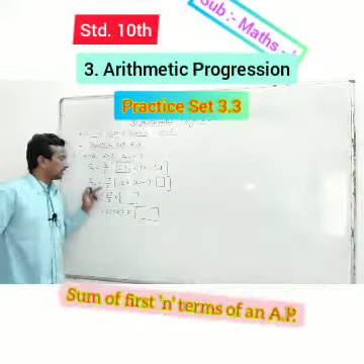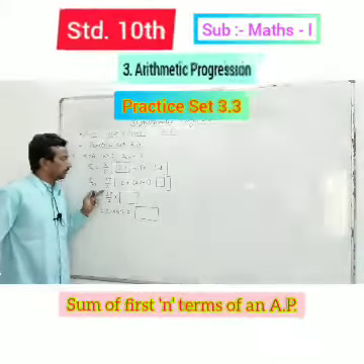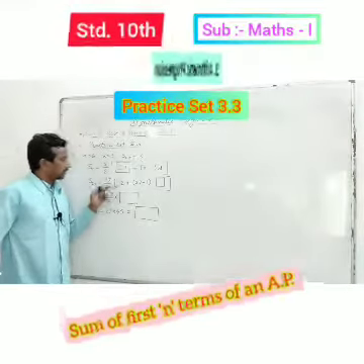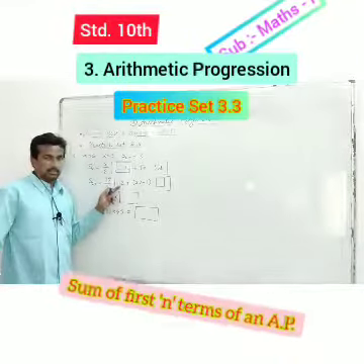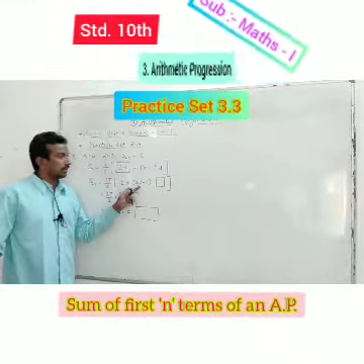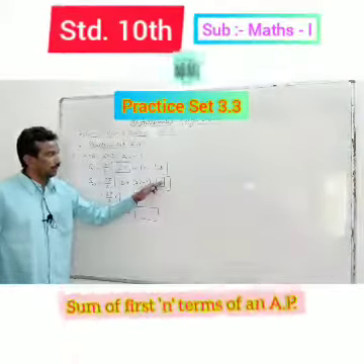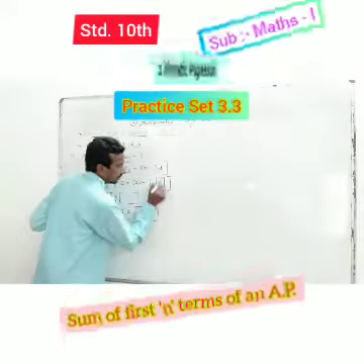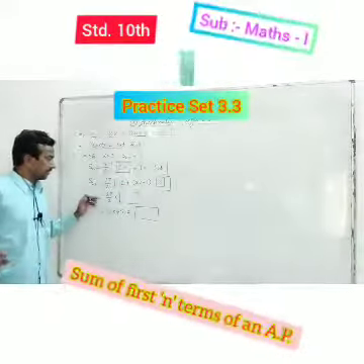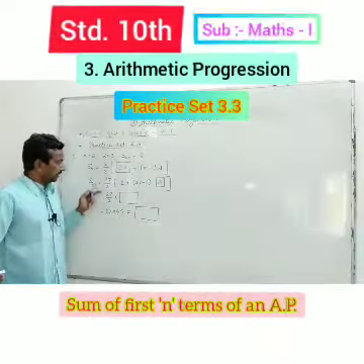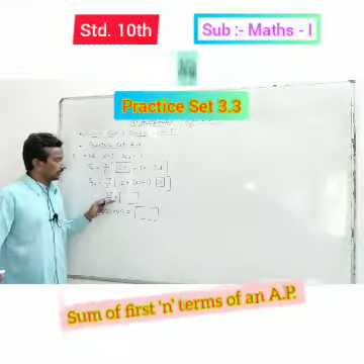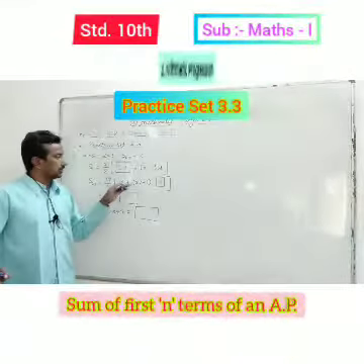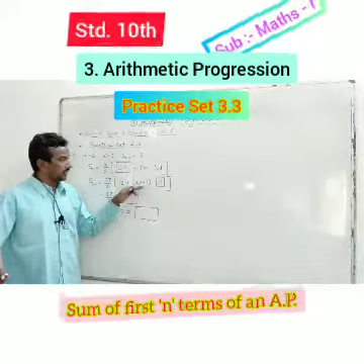Then S27 is equal to 27 upon 2 into 12 plus 27 minus 1 into the value of d. Now the value of d is 3. Therefore the second box is 3. It is 27 upon 2 into 12 plus 27 minus 1, that is 26.